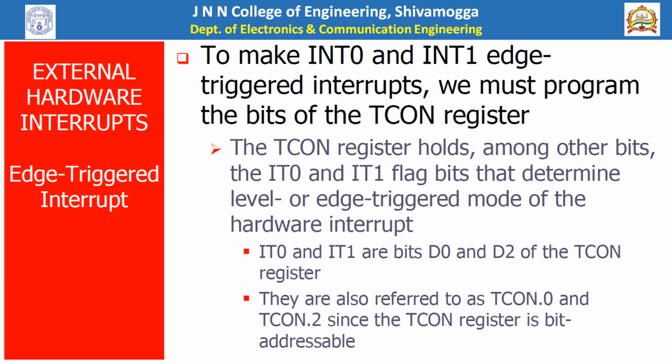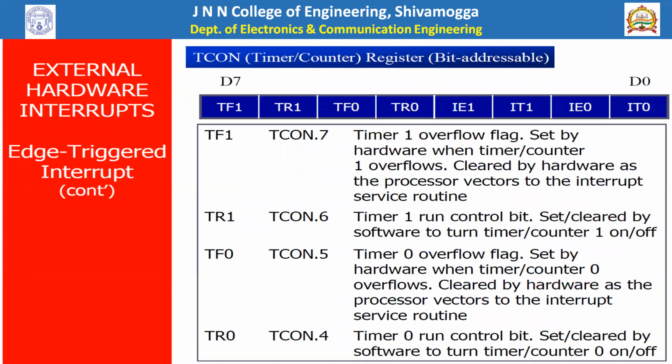The TCON register holds, among other bits, the IT0 and IT1 flag bits. They determine the level or edge triggered mode of the hardware interrupt. IT0 and IT1 are bits D0 and D2 of the TCON register, also referred to as TCON.0 and TCON.2, since the TCON register is bit addressable. You can see here, this is TCON, the timer counter register.